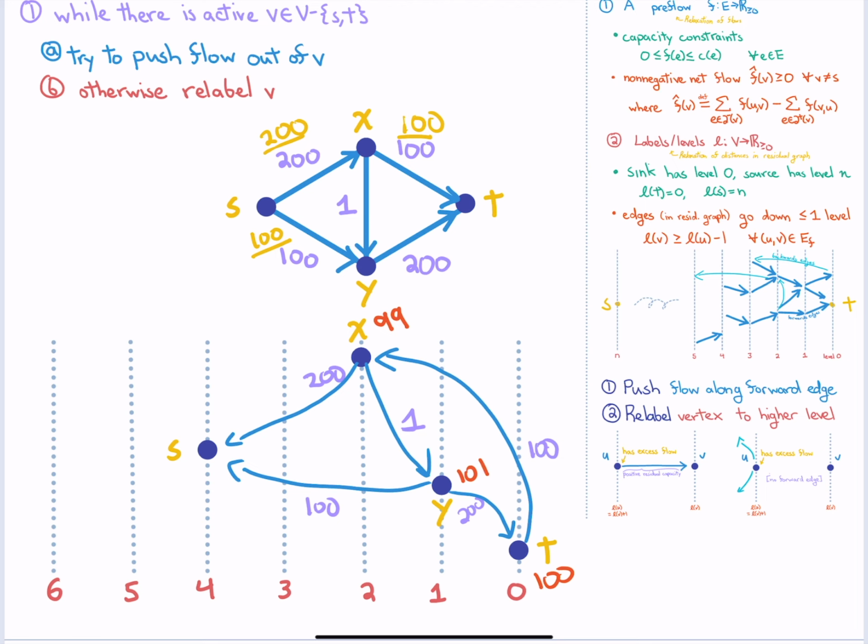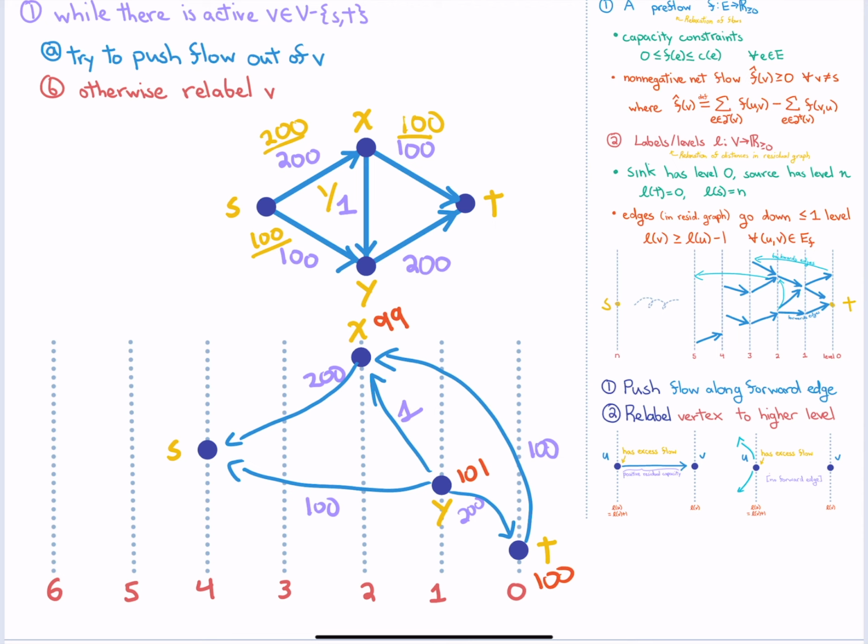Okay, so now we've pushed 1 unit of flow on that edge. And this edge is now going to go the other direction in the residual graph with capacity 1. See how the flow is gradually making its way to the sink because the sink is at level 0 and we're trying to push down the flow as much as possible?